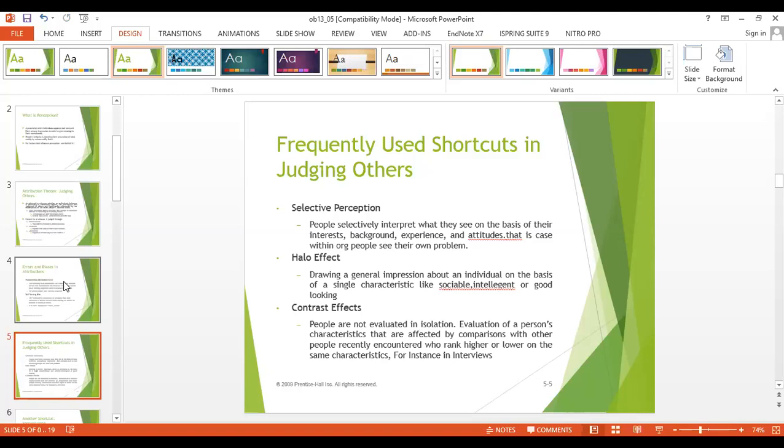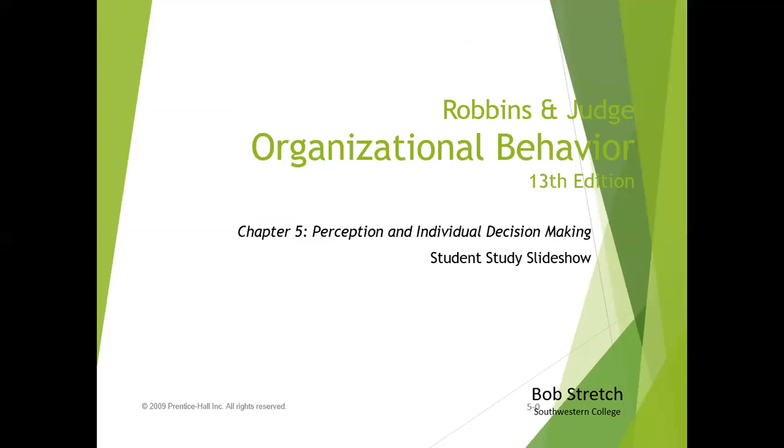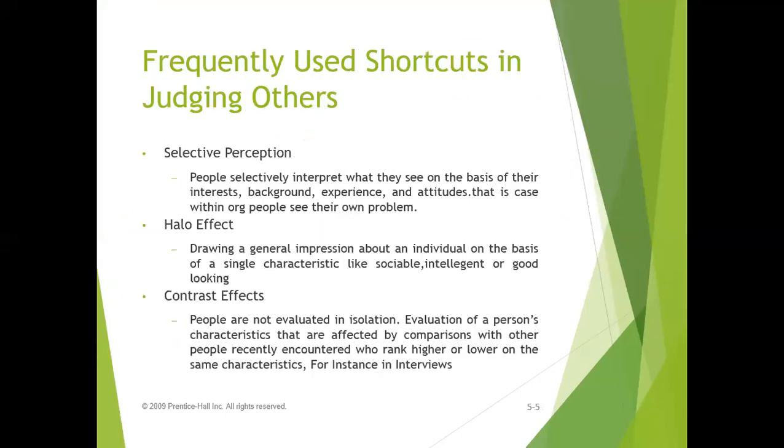People selectively interpret what they see on the basis of their interest, background, and experience. That is the case with organizational people, who see their own problems. In detail, selective perception means that any characteristics that make a person, an object, or an event stand out will increase the probability that we will perceive it.